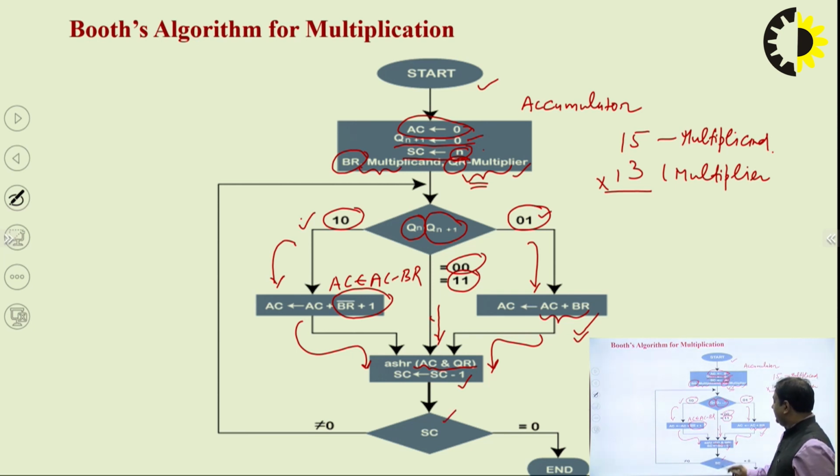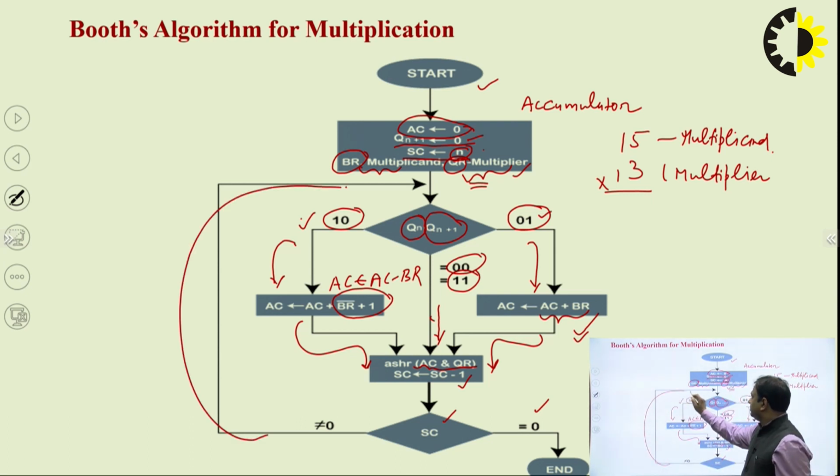Then we decide on the value of the sequence counter. A decision box is there: if the sequence counter becomes 0, that means multiplication is finished, all the bits of the multiplier have been processed. If it is not 0, then again we move to the pair of Qn and Qn plus 1, right.